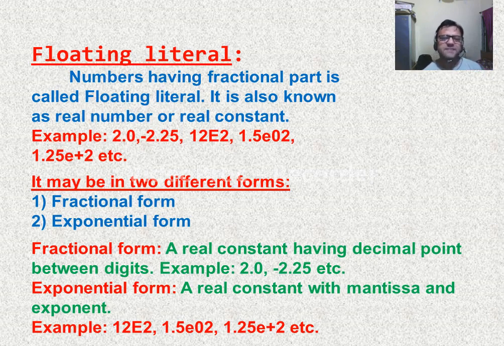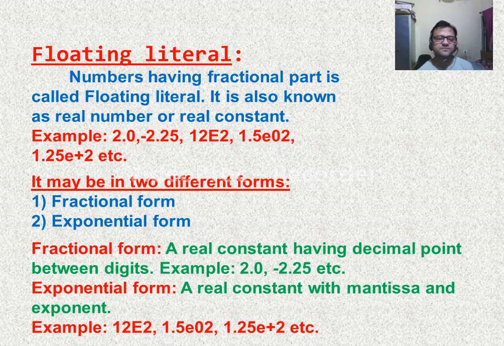As we know, in mathematics, all the numbers in general are called real numbers, but in computers, especially in Python, fractional numbers are called real numbers or real constants, and floating numbers also. Examples given here: 2.0, -2.25, 12e2, 1.5e02, 1.25e+2, etc.